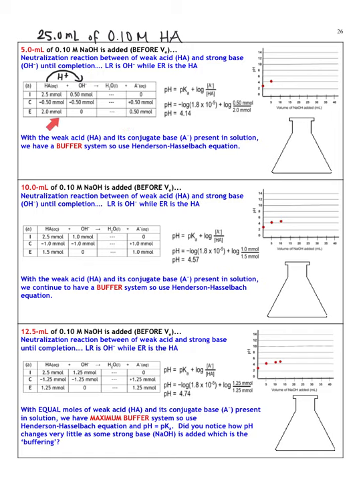If you think about it closely, or if the light bulb turns on, this is truly a buffer solution: the weak acid and its conjugate base present. So my mind goes to the Henderson-Hasselbalch equation, and I'm going to plug everything into that equation. It's as simple as that.